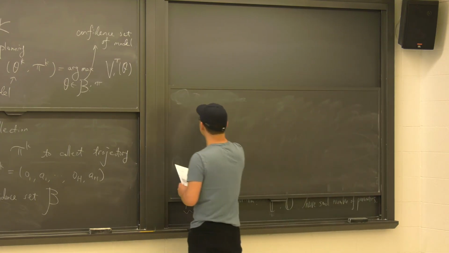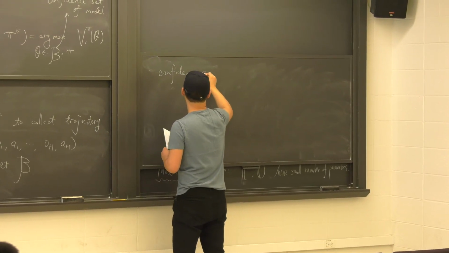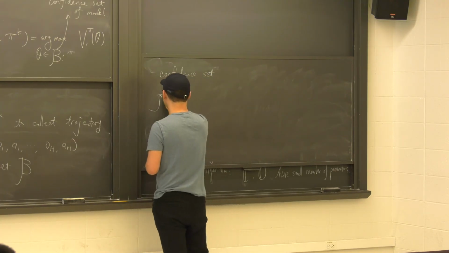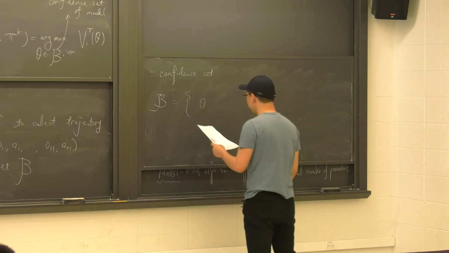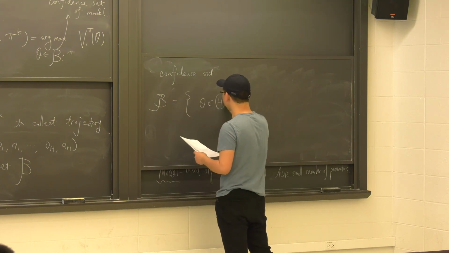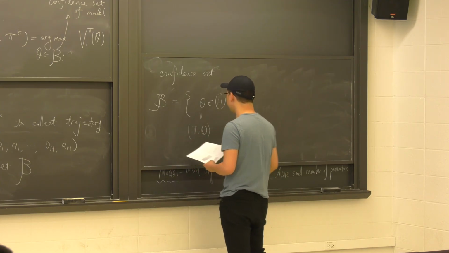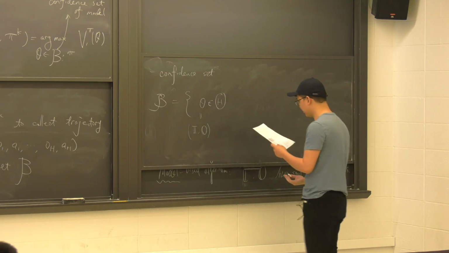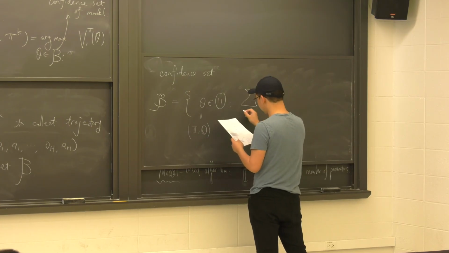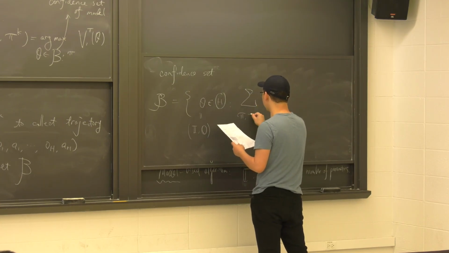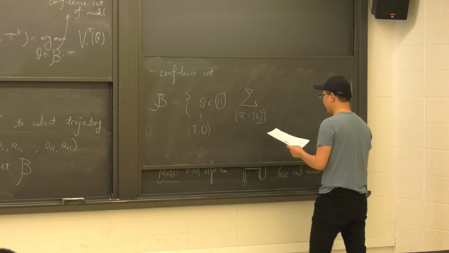So it turns out the confidence set we will use is something like the following. We look at all the theta, all the model parameters, where in the POMDP this theta is just T and O. So we look at the collection of model parameters which satisfy the following condition: the summation over all the policies and trajectories in the data I collected.